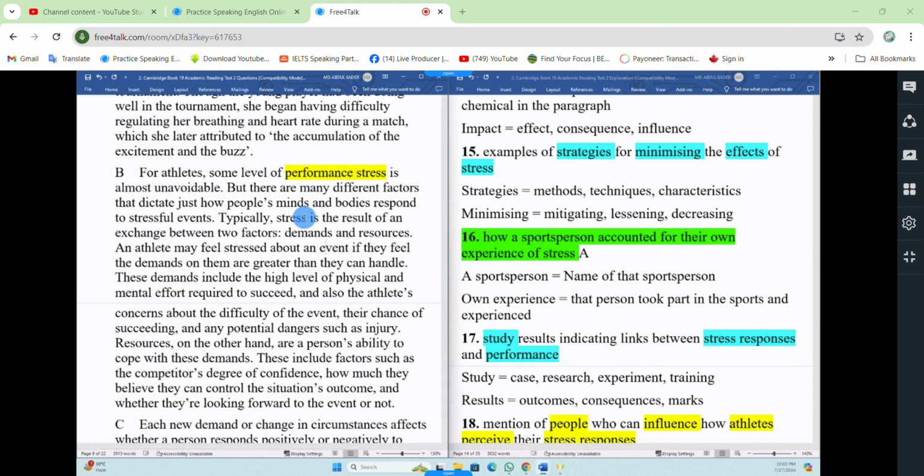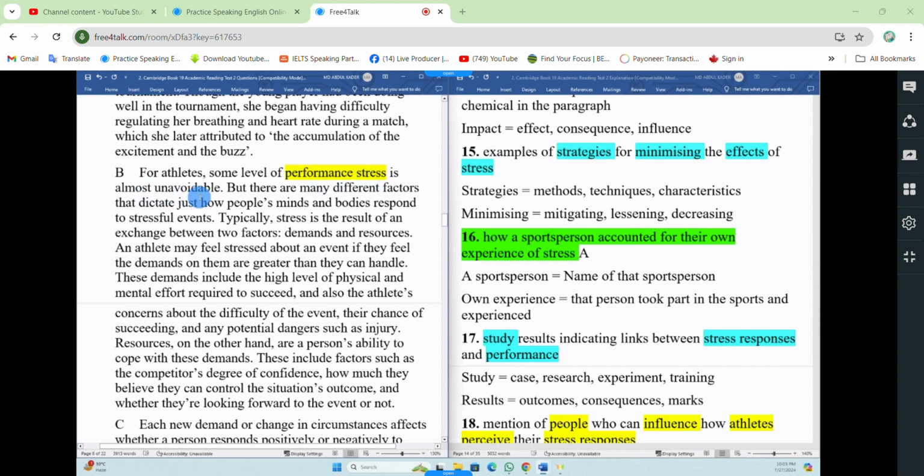While he is performing in the stadium, he is facing some stress, called performance stress. If your performance is not good, then definitely the audience will scold you, right? Okay, so this is performance stress. Always some level of performance stress is there, and we can't avoid it.